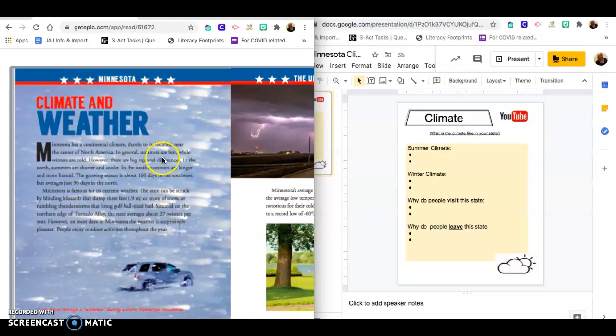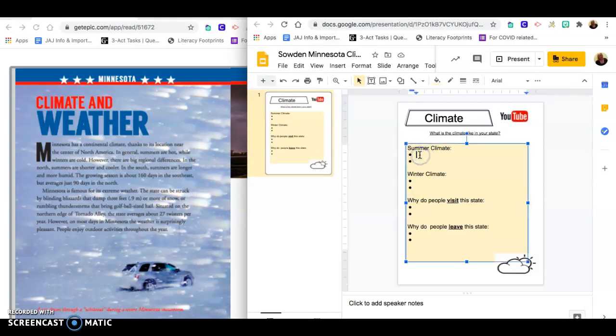Oh, here it says, in general, summers are hot. Okay, so I'm going to go to my document here and type in hot. And the other thing that it said was that it was humid. It says summers are longer and more humid. And humid is when it feels like there's a lot of water in the air.